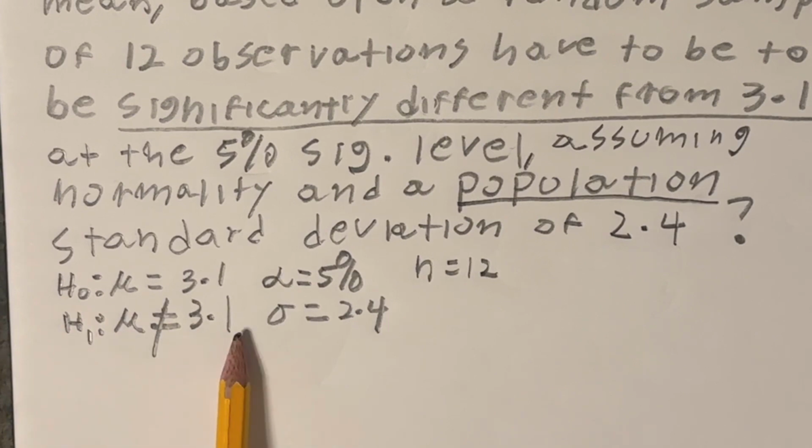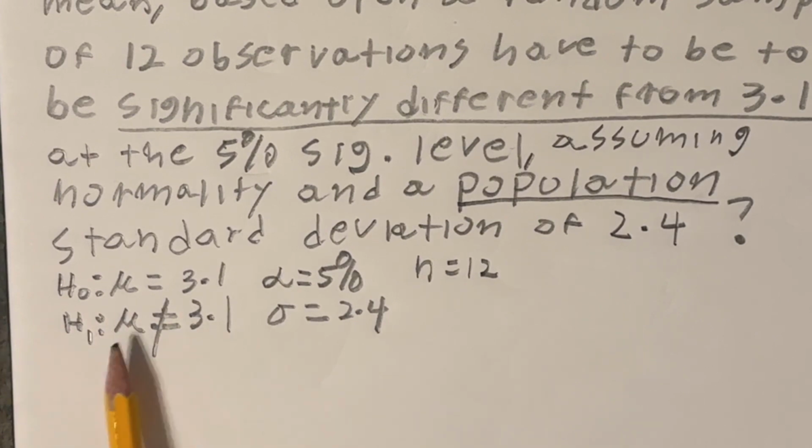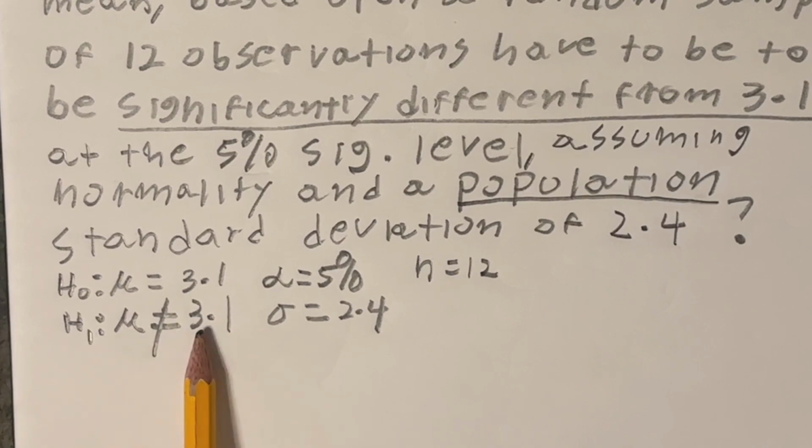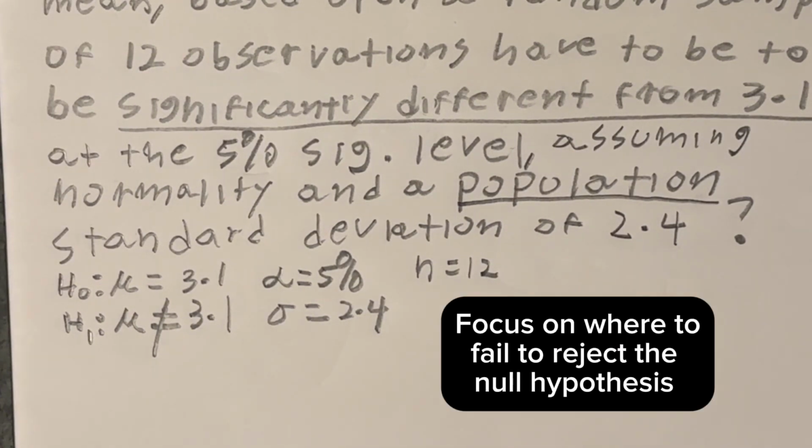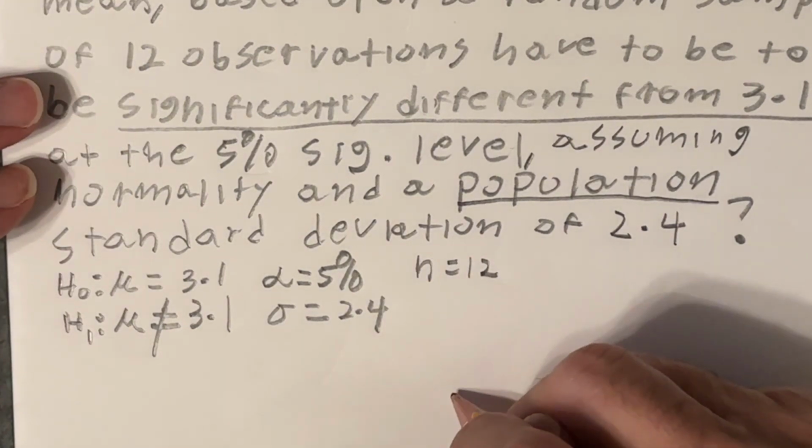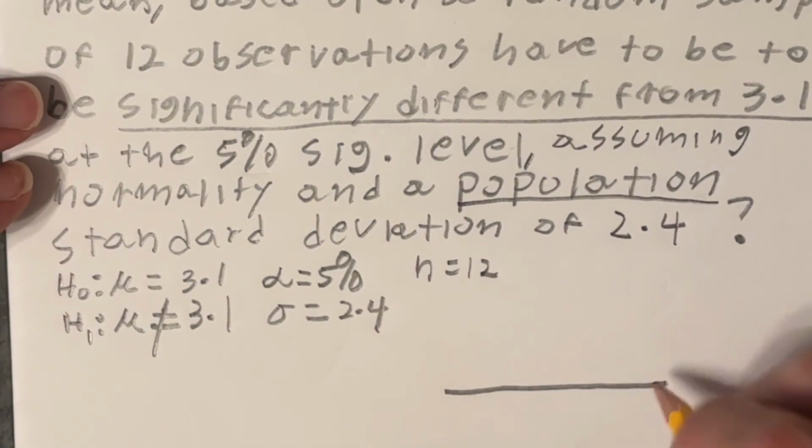When you're dealing with a two-tailed hypothesis test, where the alternative hypothesis has a not equal to, it's very often the easiest way to go, not the only way to go, but the easiest way to go is to really focus on where you fail to reject the null hypothesis first. And so here's where a nice little construction comes in.